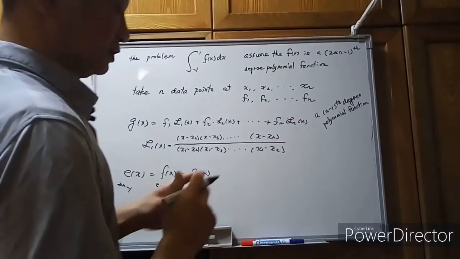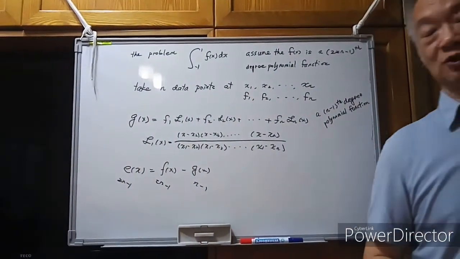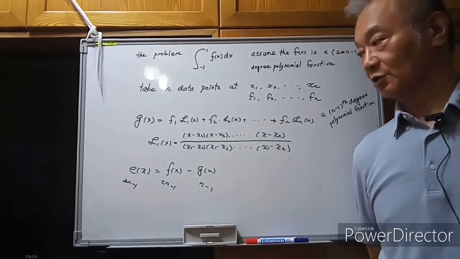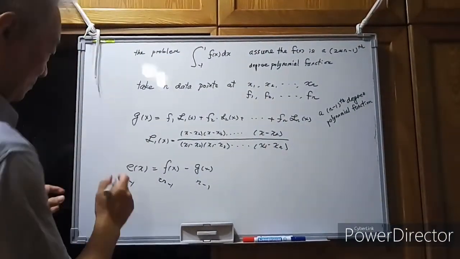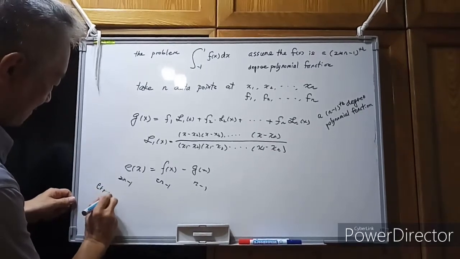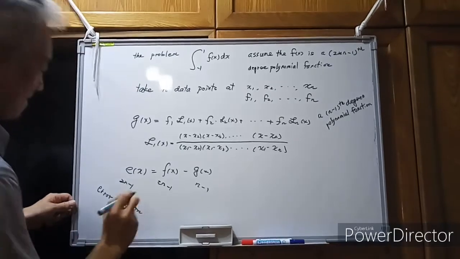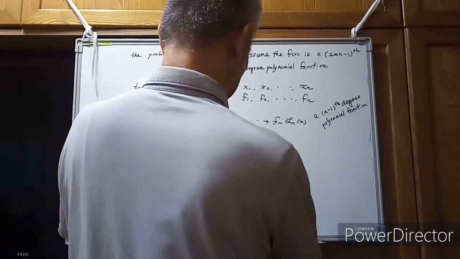So if we define the error function, the error function will be a 2n minus 1 degree polynomial function. Which one is the so-called error function? But we know the e of x1.